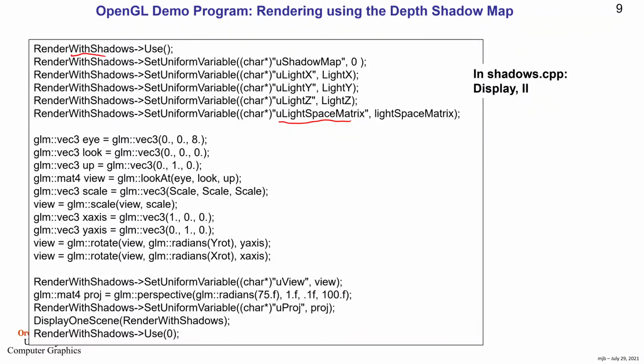And that's how we'll know if the depth at that point is blocked by something else. Okay, so we are setting up the view, and this time it's a view really from the point of view of the light. We draw the scene and we turn it off.